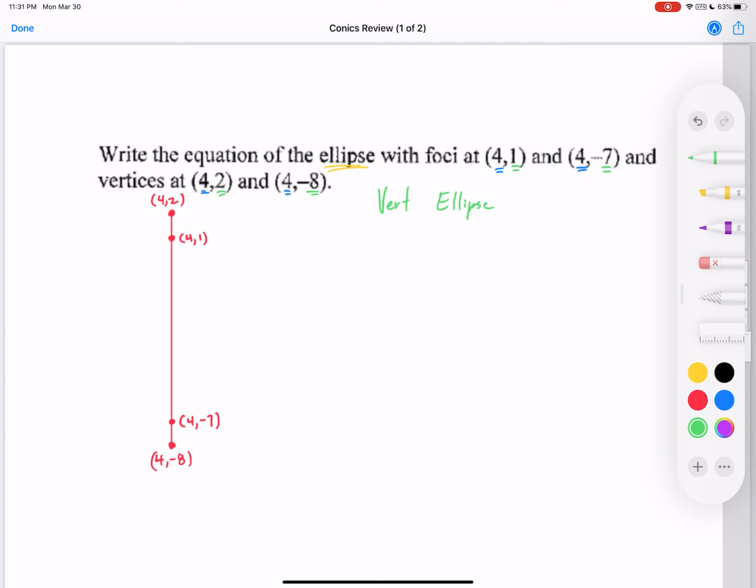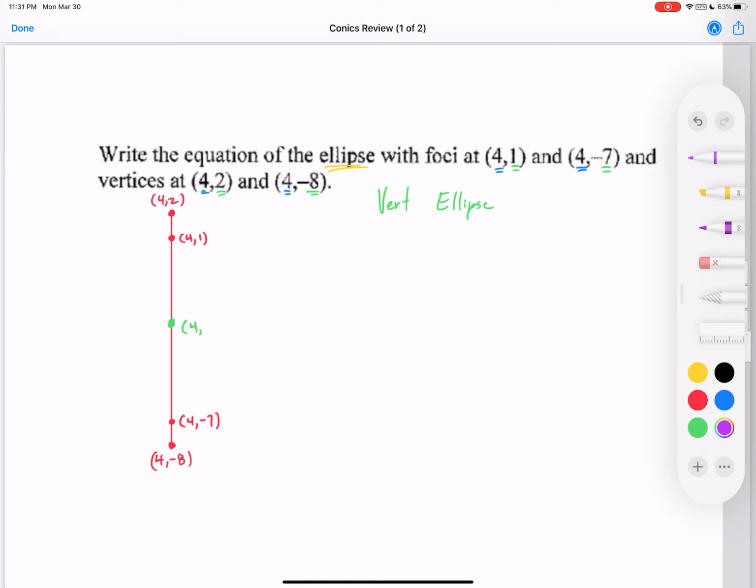We want to figure out what the center is. Well, that center is right in the middle. So really what we want to do is average out our y values. We know that the x value will still be 4. We just need to figure out what that y value is. The easiest way is to average out the y values for your vertices or for your foci.